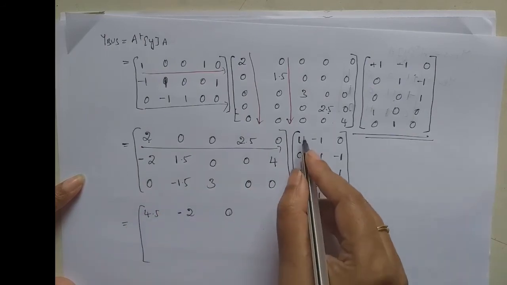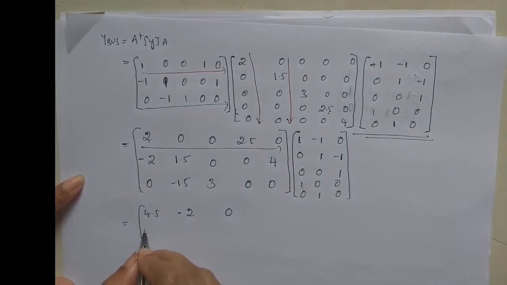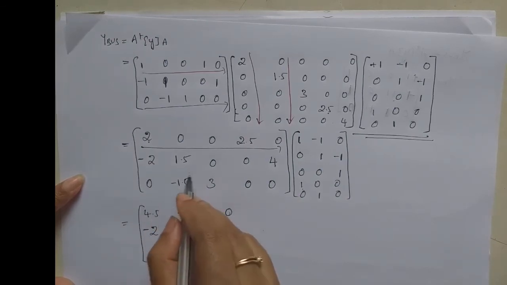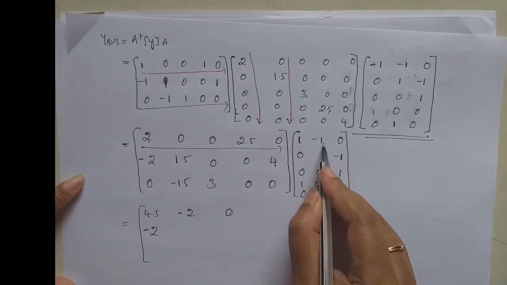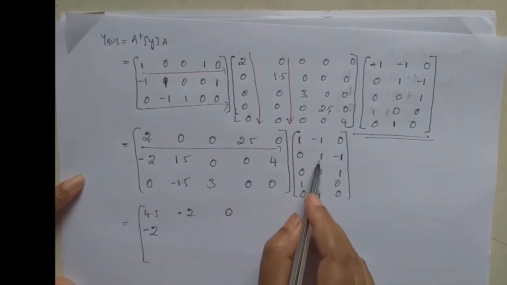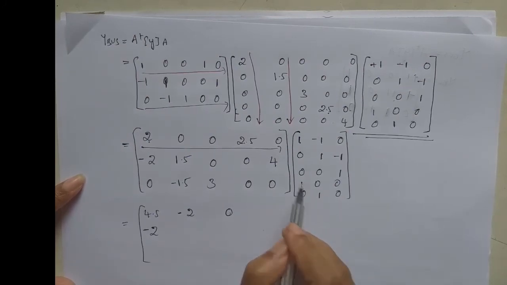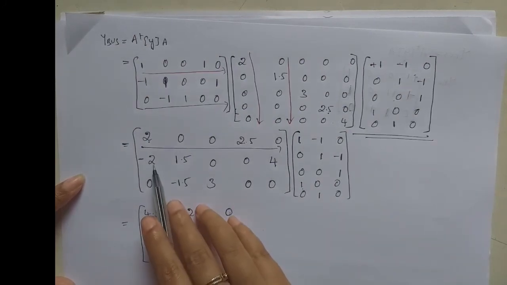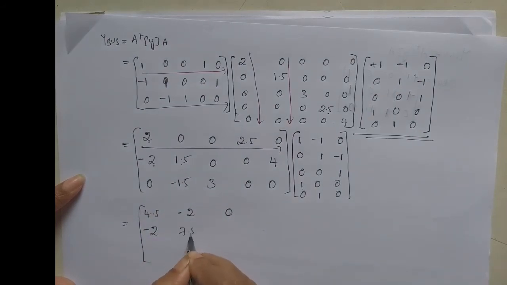Second row with first column, minus 2 into 1, it is minus 2 plus 0, so it would be minus 2. Second row with second column, minus 2 into minus 1, it is plus 2. 1.5 into 1, it is 1.5. 4 into 1, it is 4. So 4 plus 2, 6. 6 plus 1.5, 7.5.